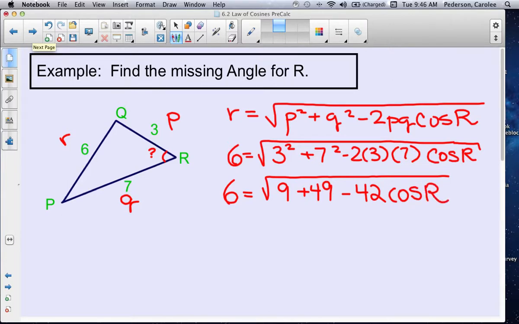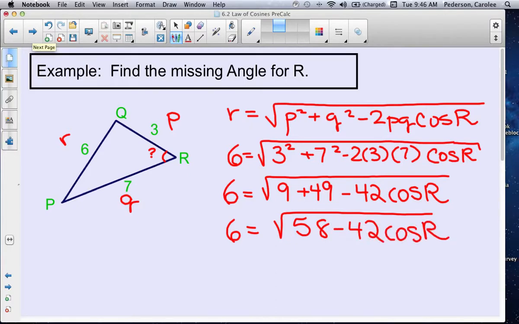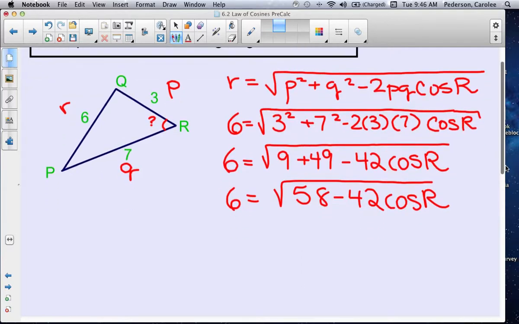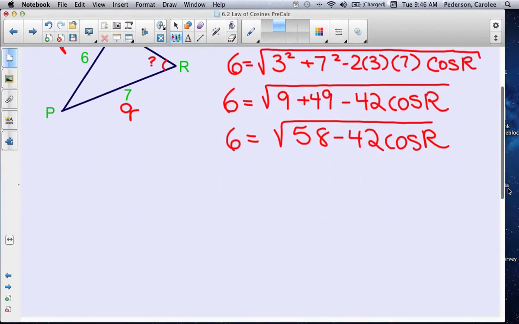Then what might we want to do next? Add the two terms together. 9 and 49 is 58. And then you find out what to do next while I answer the door. Now what do we want to do?